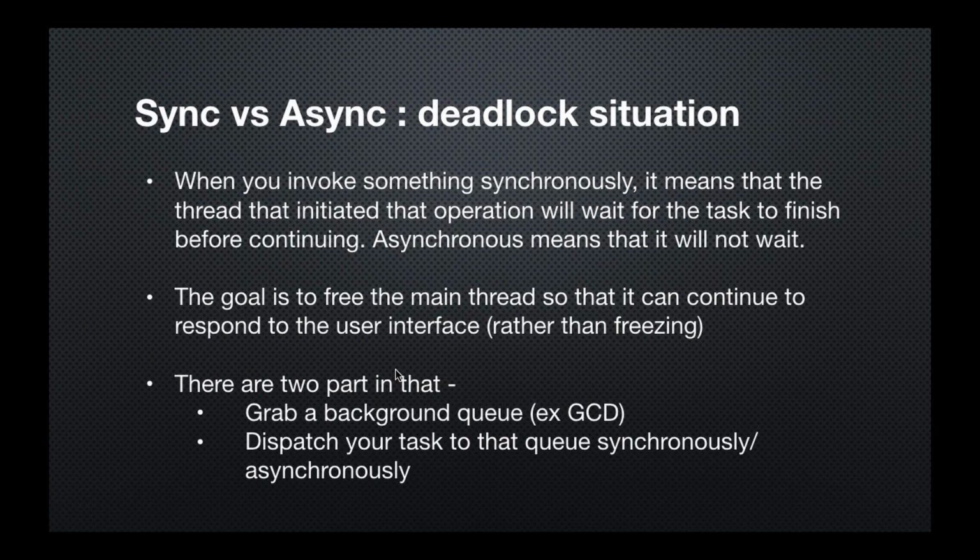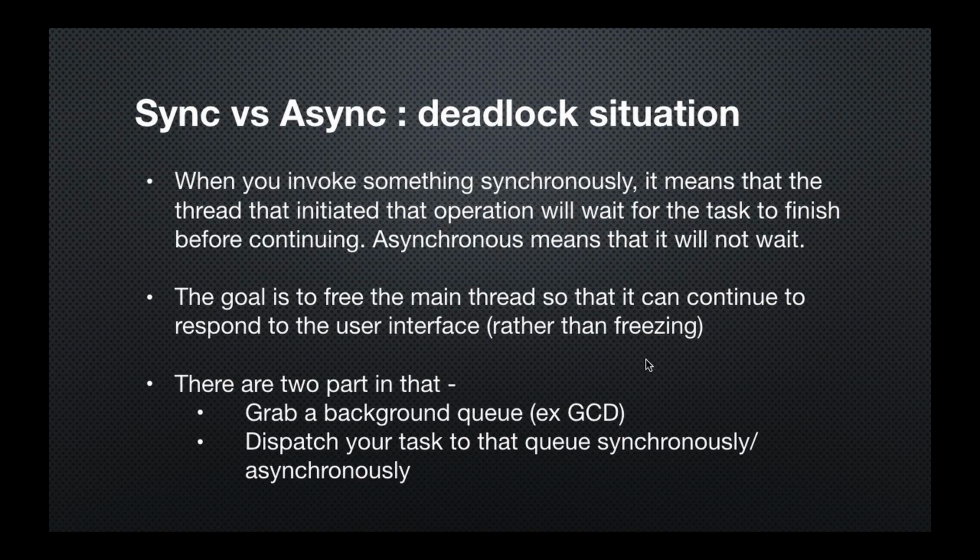Our goal is to free the main thread so that it can continue to respond to the user interface rather than freezing it. So whenever we are doing any threading operation, any background operation, we want to make sure that our UI is running as smoothly as possible.